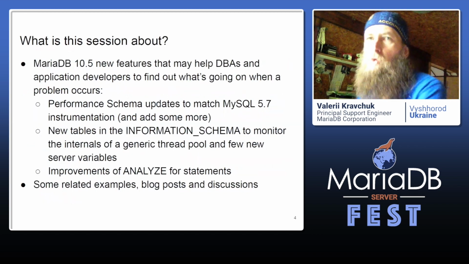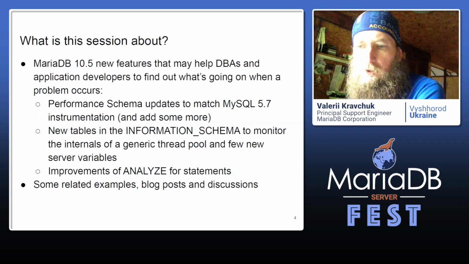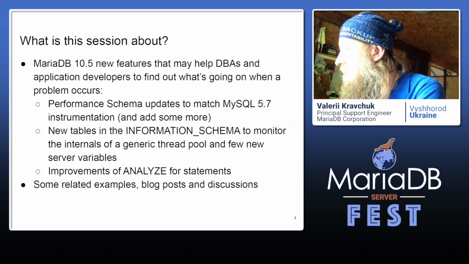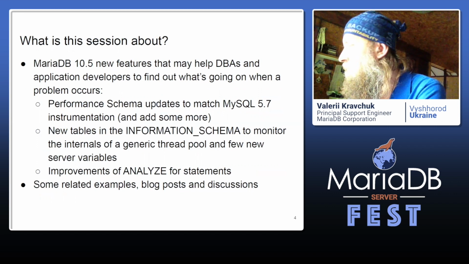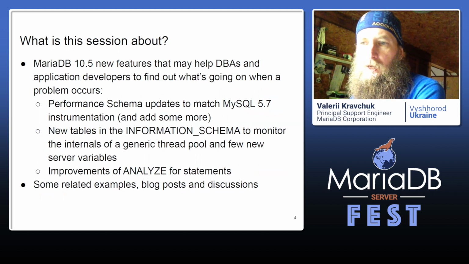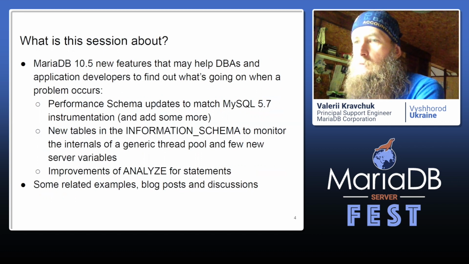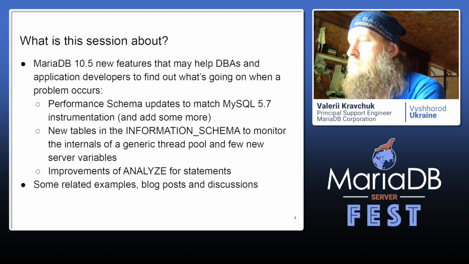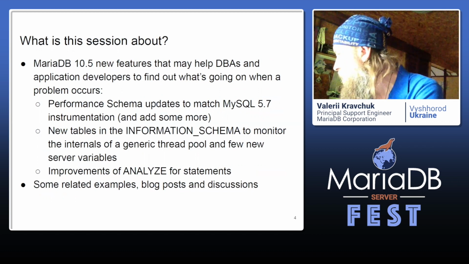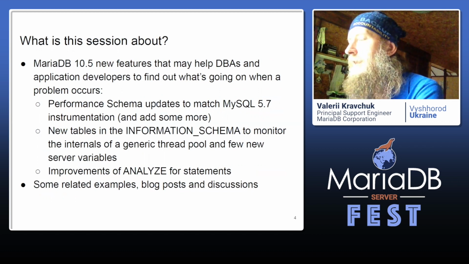This session is devoted to the new 10.5 features in three main areas. First of all, finally, we got more or less incorporated all the instruments and ideas from MySQL 5.7 performance schema. So performance schema became way more useful.